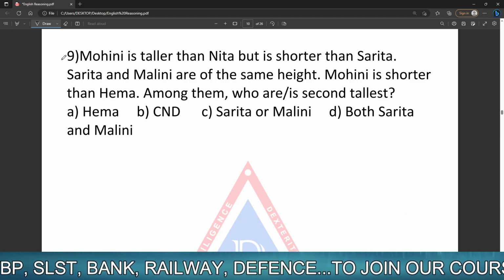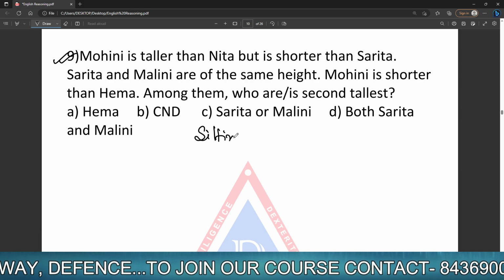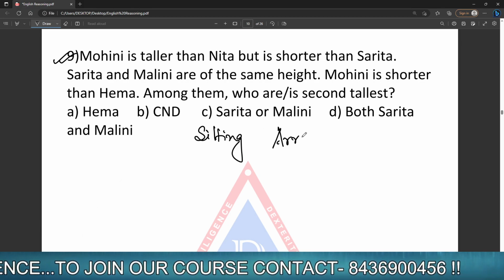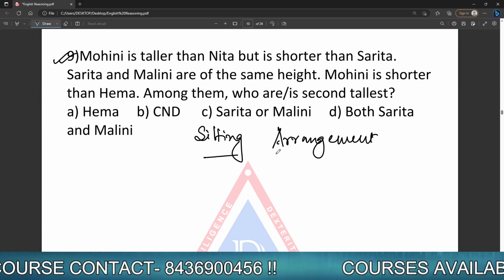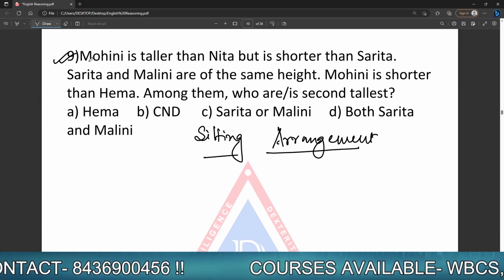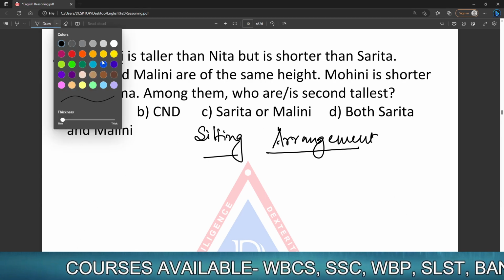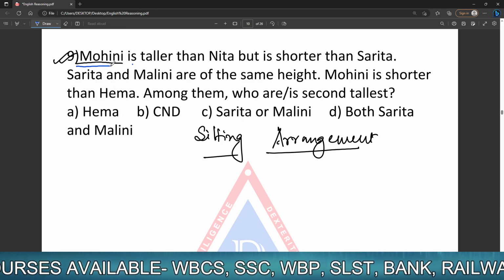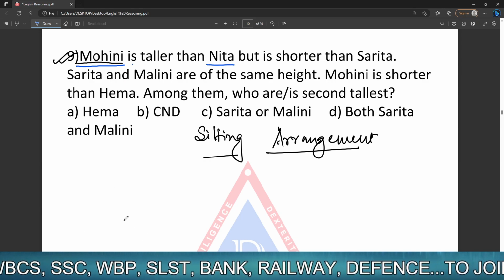Next question is also about seating arrangement. What does the question state?